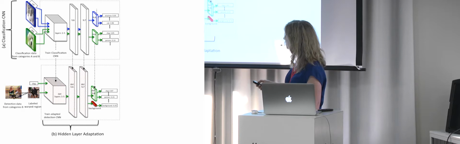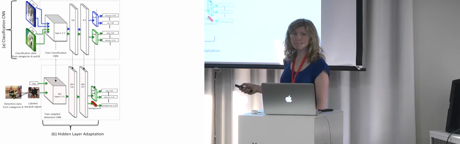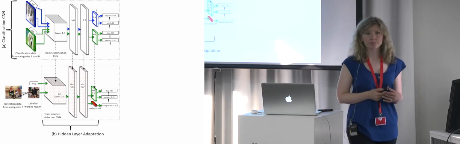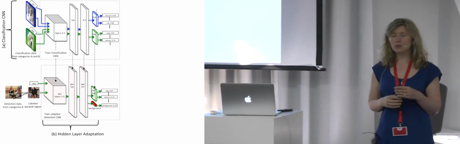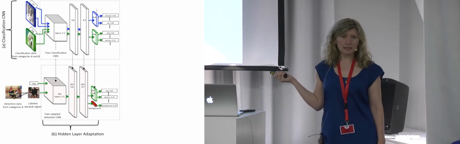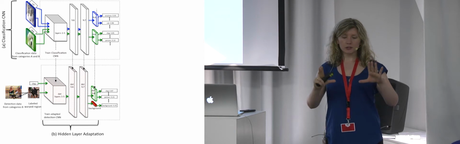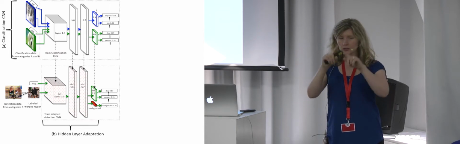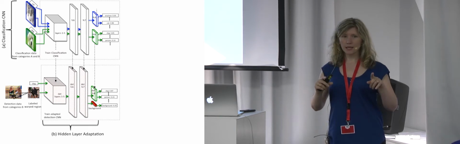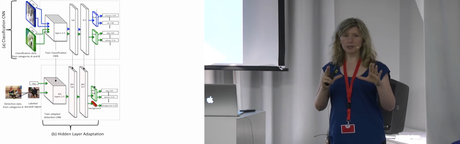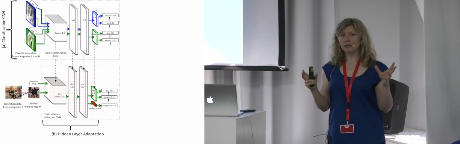How do you produce regions from the source? So we use an existing method called selective search, and essentially it just tries different bounding boxes, and it picks bounding boxes that look more object-like.